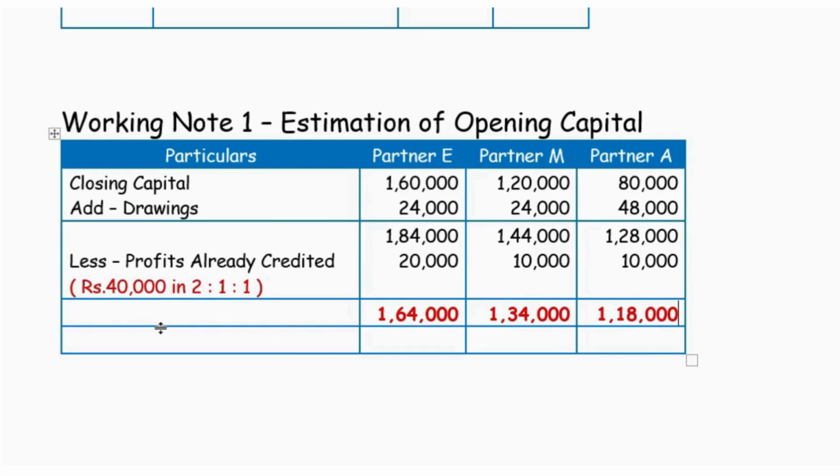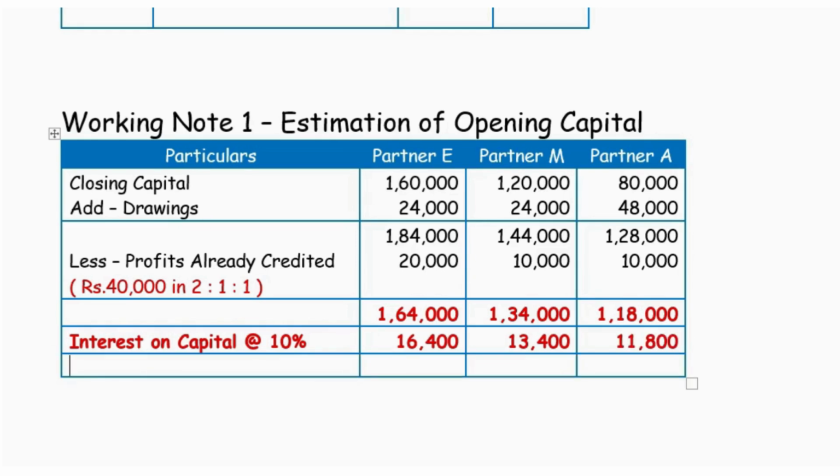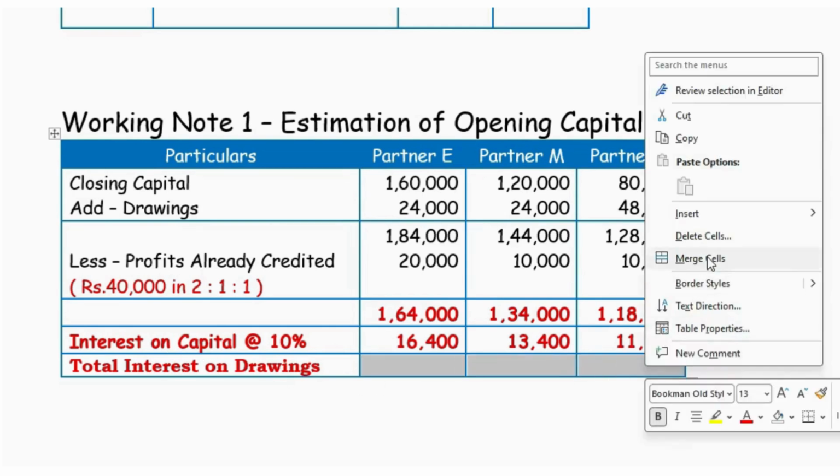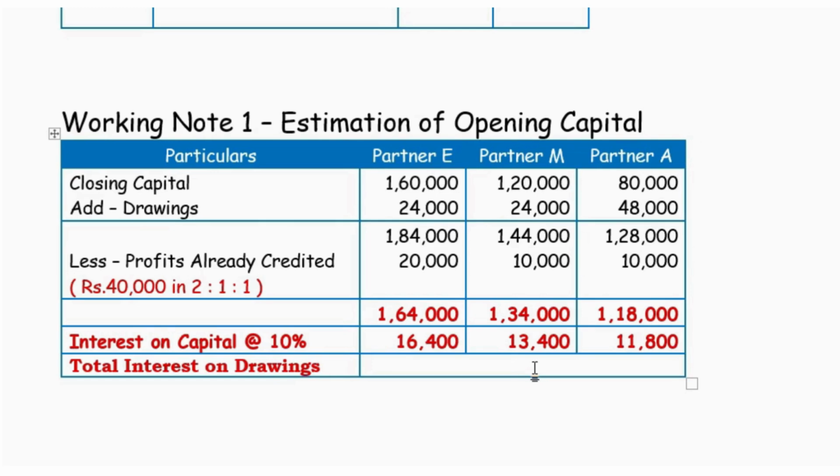And for the next partner it is 1,18,000. In the question we are given interest on capital at the rate of 10%. So every partner's interest on capital, for the first partner it is 16,400, for the next partner it is 13,400, then the next partner it is 11,800. We are calculating 10%. So the total interest on drawings, we add all these three partners' interest on drawings, we get an amount of 41,600.